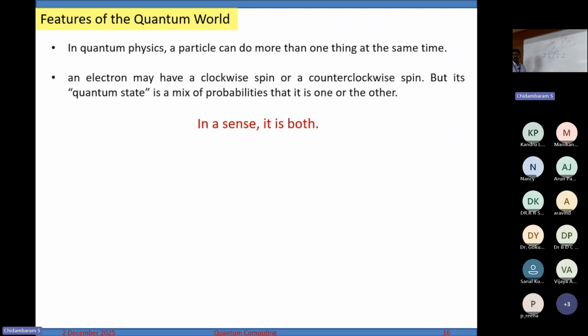When I'm sending information, I'm encoding it in the form of qubits and sending it. Say I have my 0 and I want to send 0. In a classical channel, you will send 0, or you can send 1.